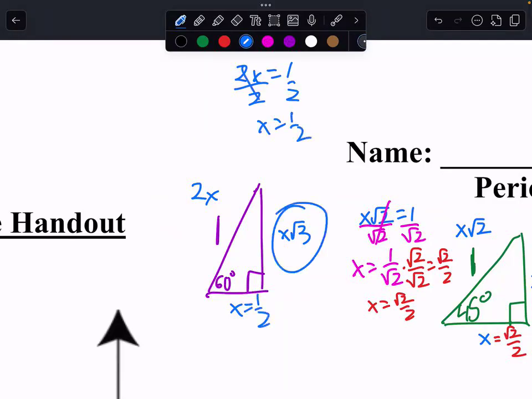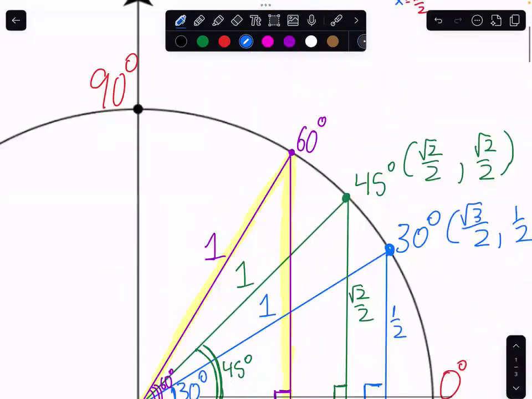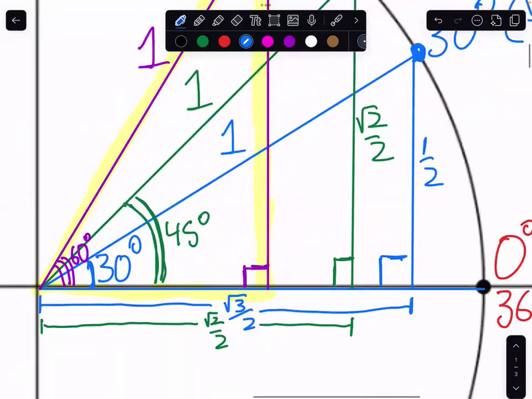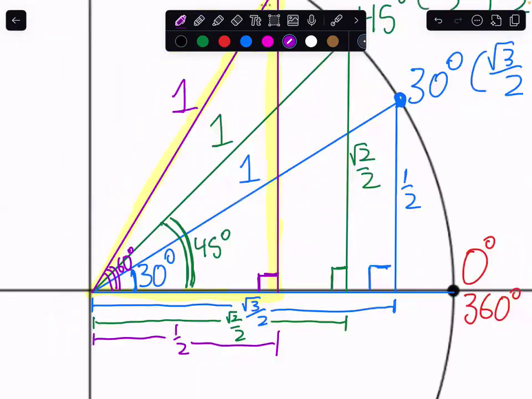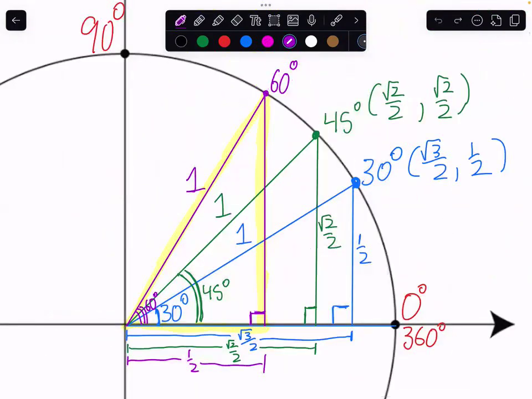And then x radical 3 becomes 1/2 times radical 3, which becomes radical 3 over 2. Okay, so let me label those. The bottom side of this was 1/2.